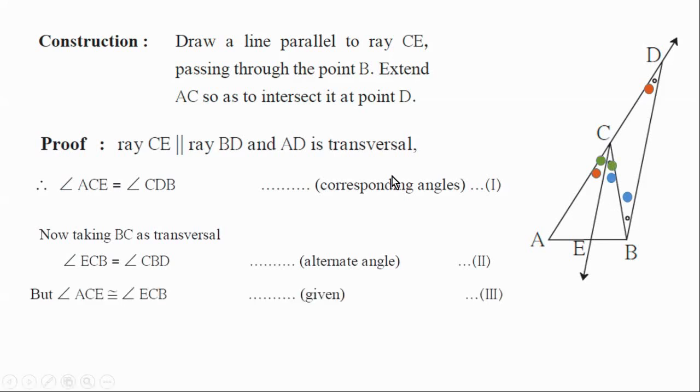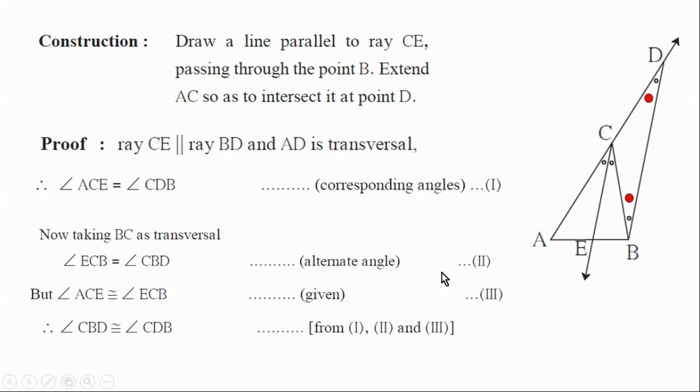Now, in the proof we are already given that angle ACE is equal to angle ECB, as CE is the bisector of angle C. Therefore, from equations 1, 2 and 3 we can say that angle CBD is equal to angle CDB.